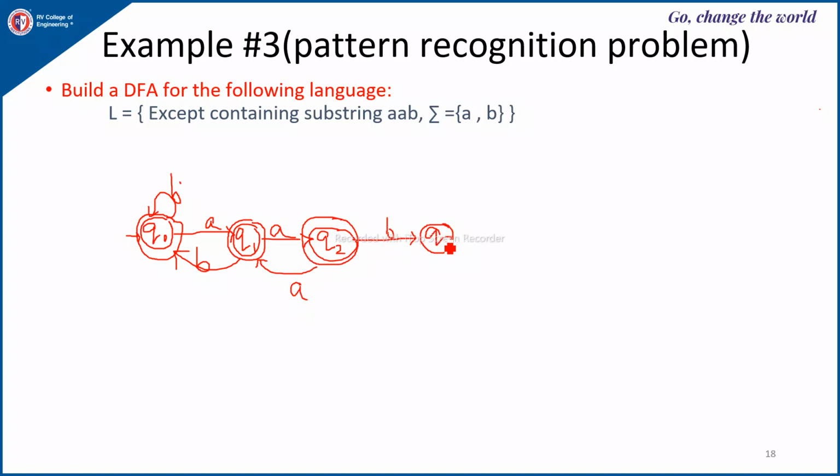Then Q3 on A and B: once I get AAB, anything after it, I should remain in the same state. So it will be a self loop on the inputs A and B for the state Q3. Now for every state on every symbol, I have a next state. So this is the machine for the required problem.